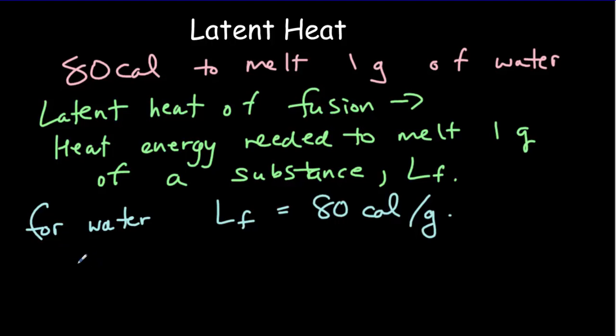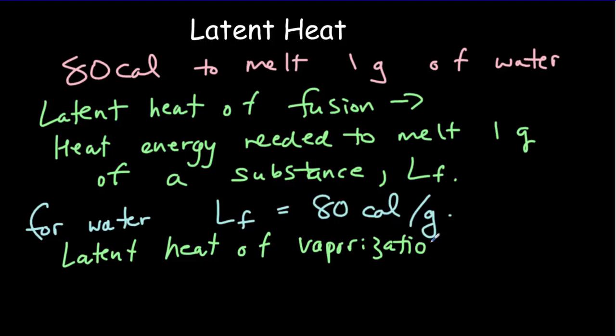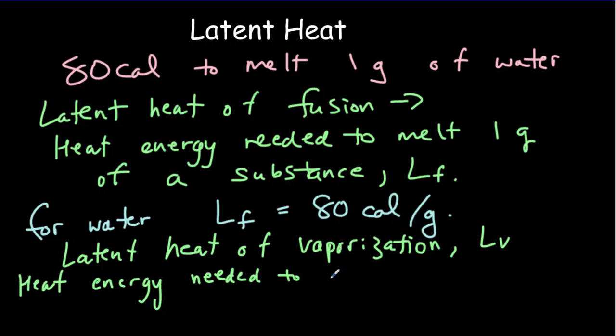We also have something called the latent heat of vaporization. And we give it the symbol capital L with a subscript V for vaporization. And you can probably guess what its definition is. It's the heat energy needed to vaporize 1 gram of a substance.